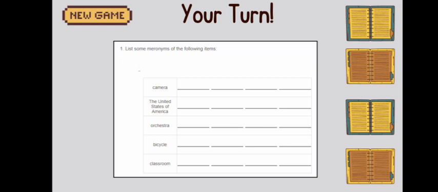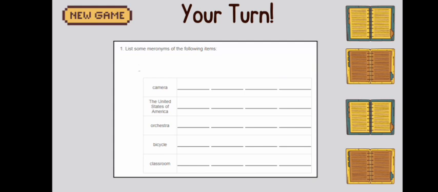Well, now it's your turn to apply meronyms. 1. List some meronyms of the following items: camera, the United States of America, orchestra, bicycle, and classroom. List at least 3 meronyms. 2.